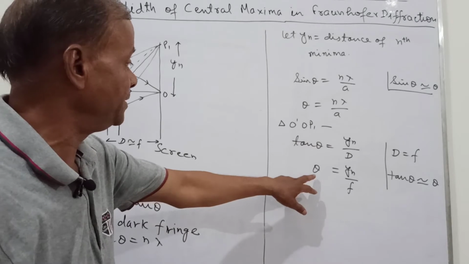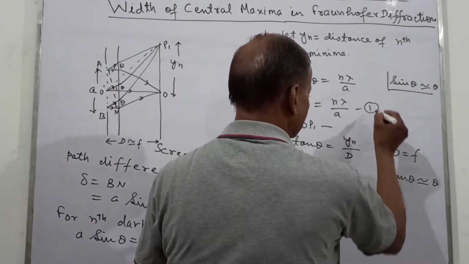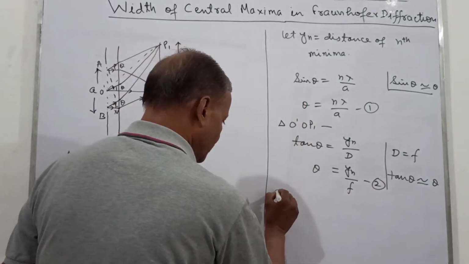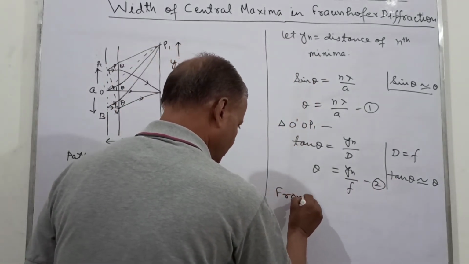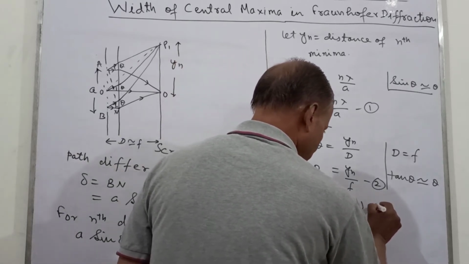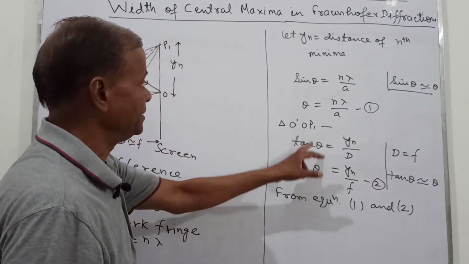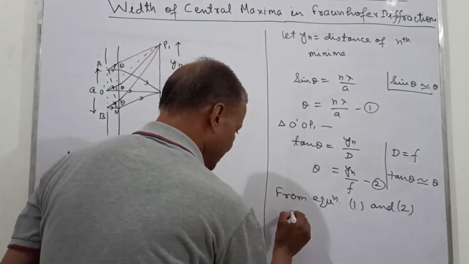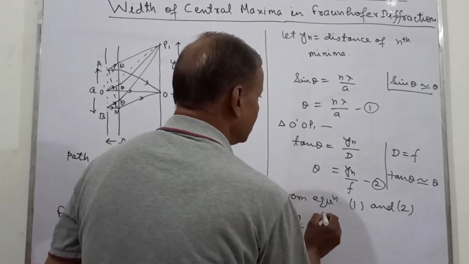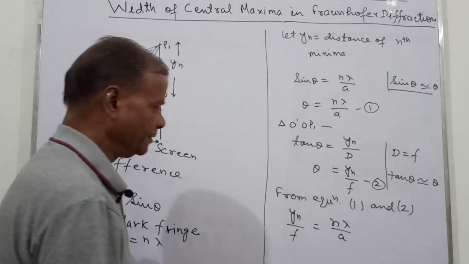So now we have these two values of theta. This is number 1, this is number 2. From equations 1 and 2, we will equalize these two. So we will have yn upon f is equal to n lambda upon a.